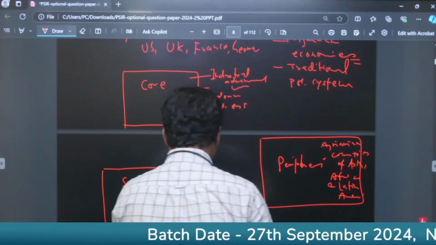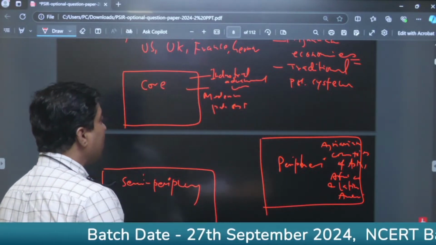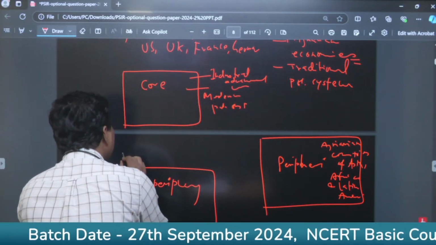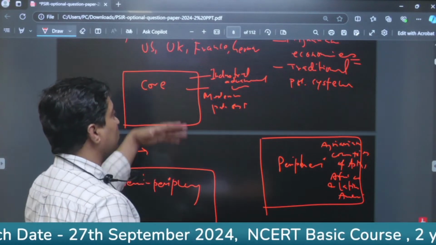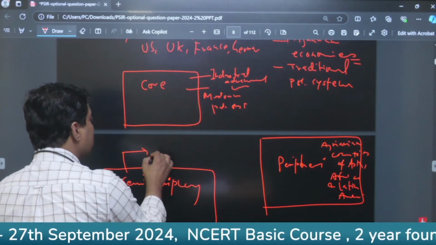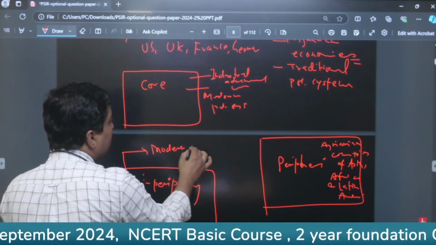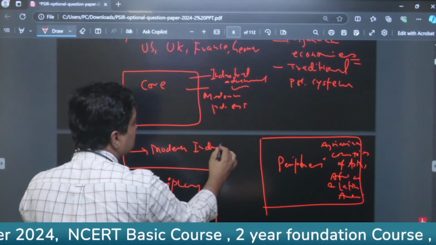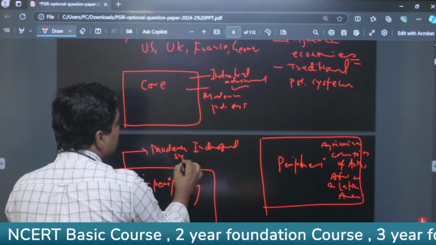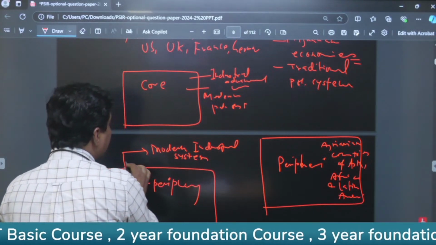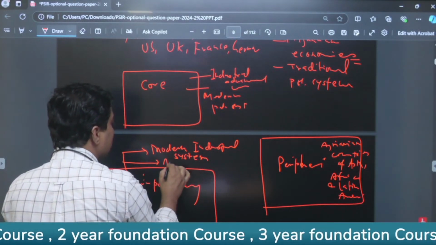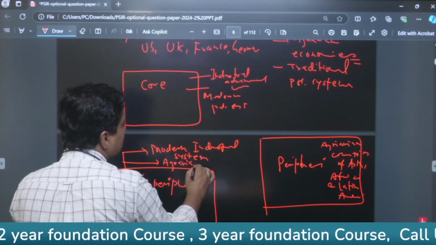Right? Now semi-periphery is a new one, and it actually has the characteristics of both. It has a modern industrial system as well as a traditional agrarian society, agrarian economic system.